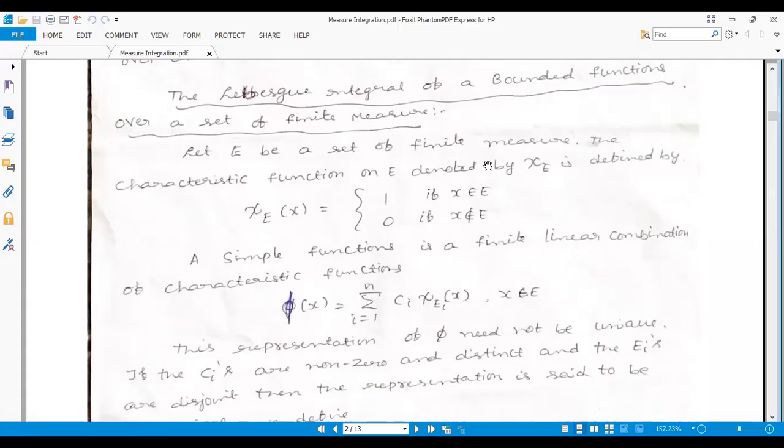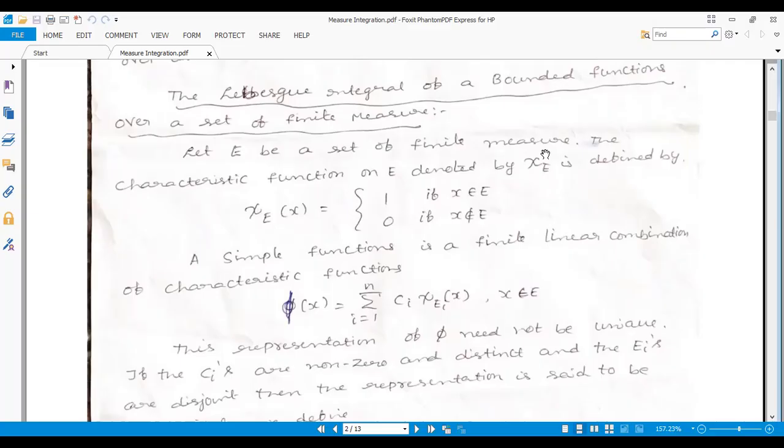Then the characteristic function of E, denoted by chi_E, is defined by chi_E of x equal to 1 if x belongs to E, and 0 if x does not belong to E. This is the definition of a characteristic function on E.